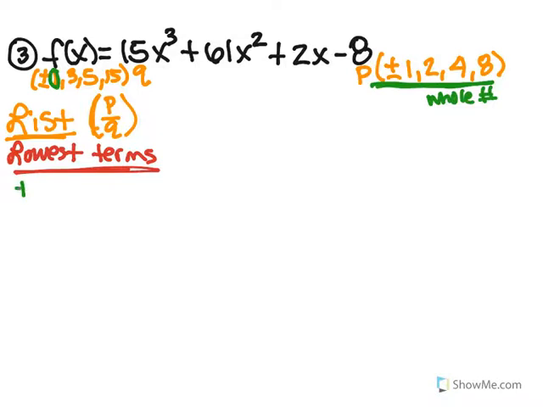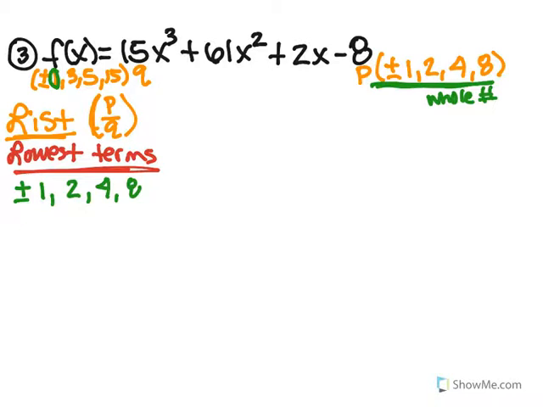So I know I'm going to start my list with positive and negative 1, 2, 4, and 8. I also know that 1, 2, 4, and 8 are the tops, because that's P. Those are your top numbers. So to me, it would make sense to just walk my Q down, if that makes sense to you.